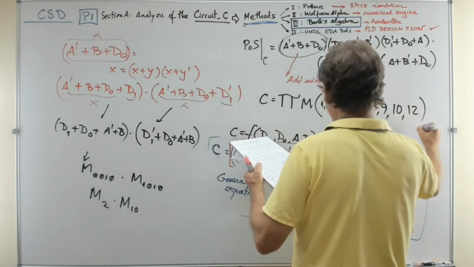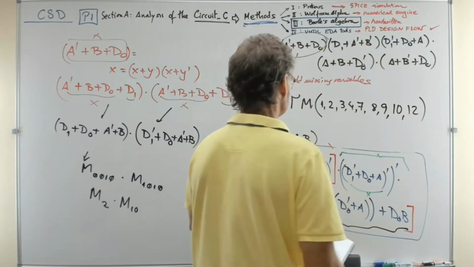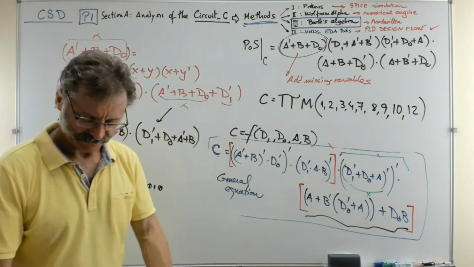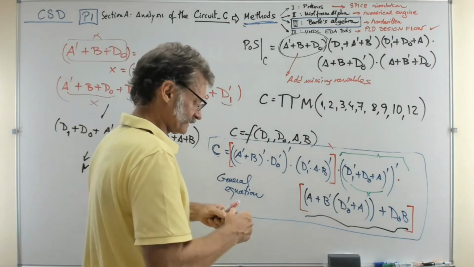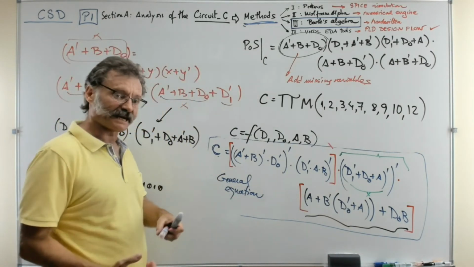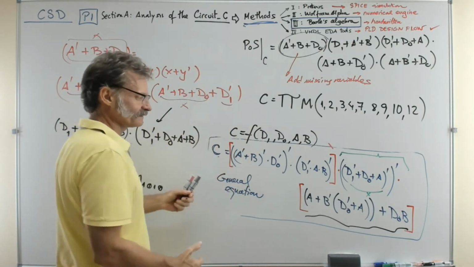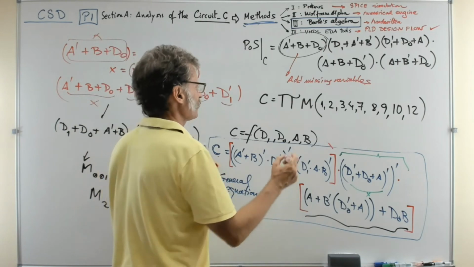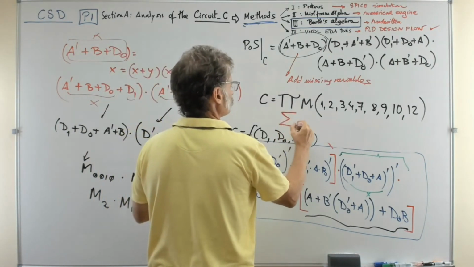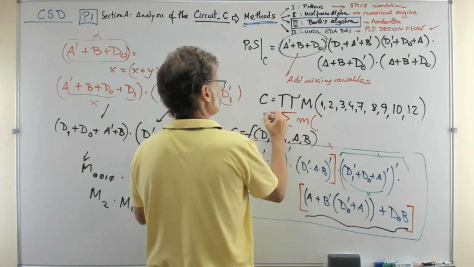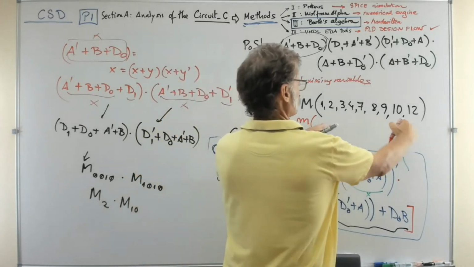This is the list of max terms, and so you get at the same time the truth table, if you'd like to represent it, and you have at the same time the sum of min terms, because you only have to pay attention to the terms which are not here.